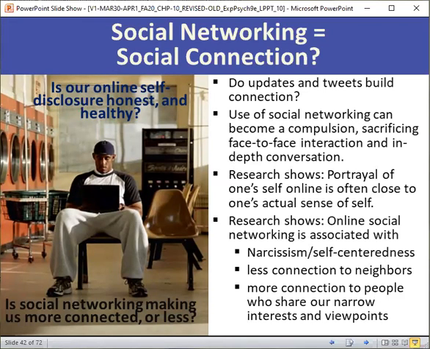When we talk about people online, they usually go to sites and viewpoints which are already the same viewpoints they already hold, and they usually become more extreme. Okay, this is called polarization, and we'll talk more about that in an upcoming chapter. But more connection to people who share our narrow interests and viewpoints expands, and we become more polarized as a result of that as well.